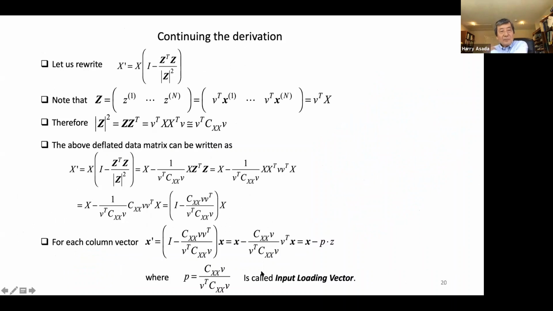Now, we can do the following more useful analysis. We'd like to rewrite this projection. It's a little involved.